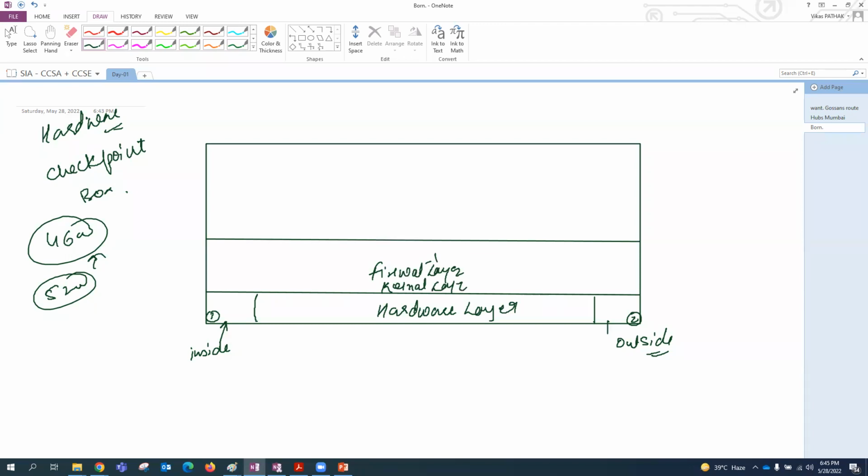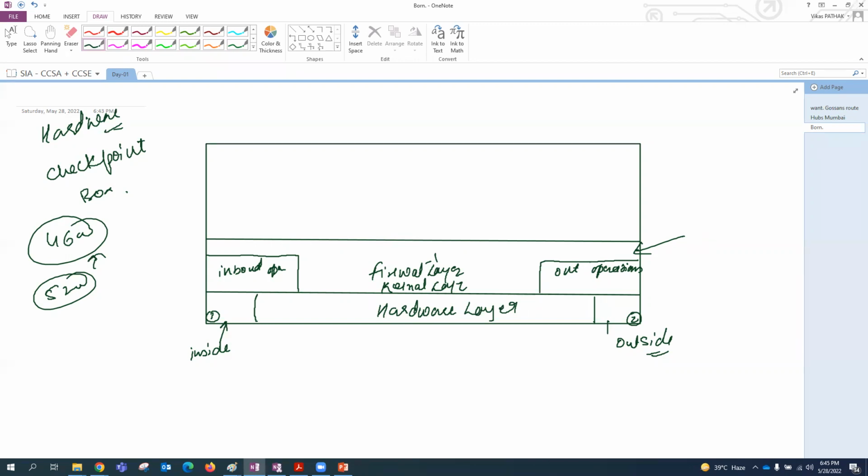There will be some bifurcation: some inbound operations and some outbound operations. So at the kernel level, you'll be having some sort of operation. I'll be showing you one KB article provided by Checkpoint, and I'll be demonstrating that article over here.